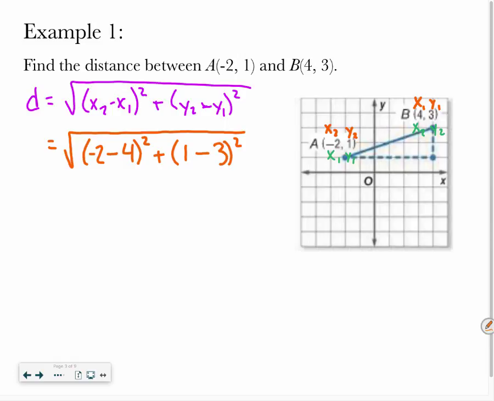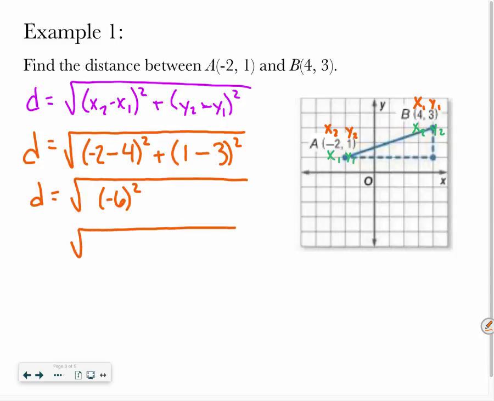So if I keep going, I have d equals the square root of negative 2 minus 4 gives me a negative 6. So I have a negative 6 squared. That means I have a negative 6 times a negative 6, which gives me a positive 36, plus 1 minus 3 gives me that negative 2 squared.